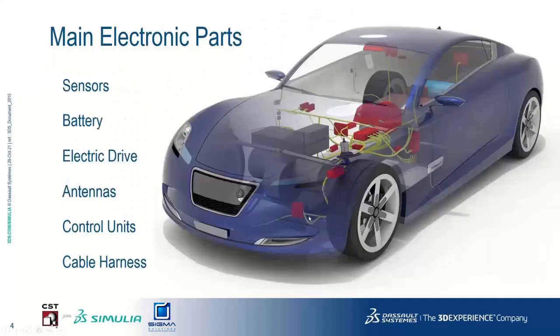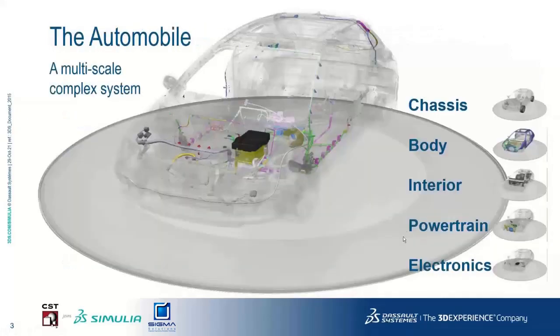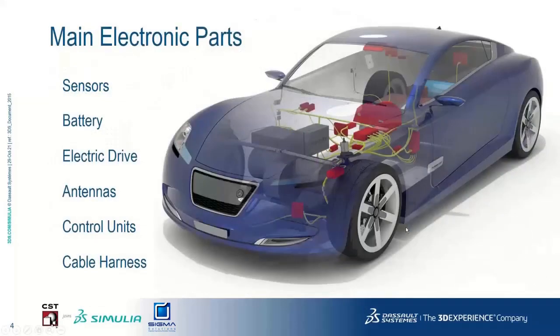If we divide those two parts, powertrain and electronics, a bit further, we can basically split it up into sensors. You have a lot of sensors in your car. We have the battery. That, of course, has become very important with electric vehicles. Then we have the electric drive system, control units, and cable harness.